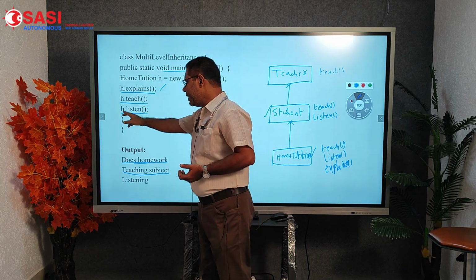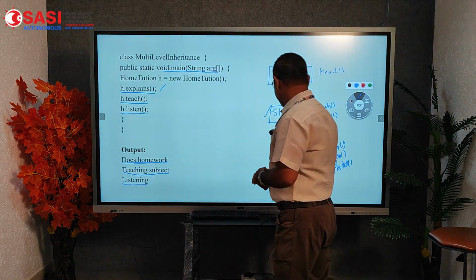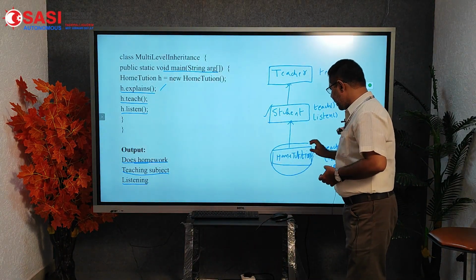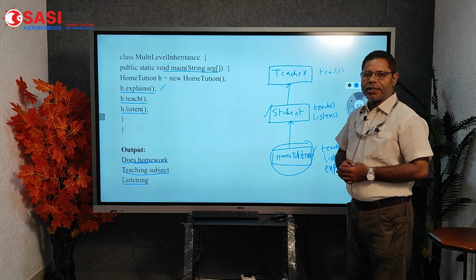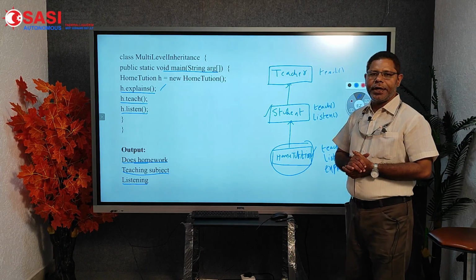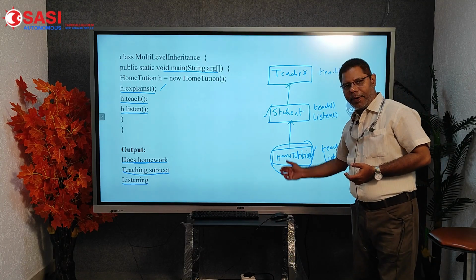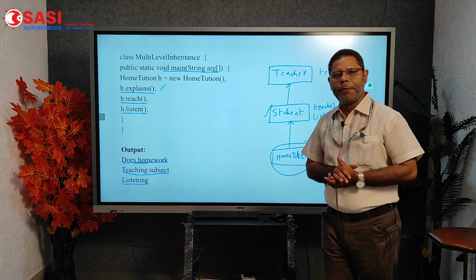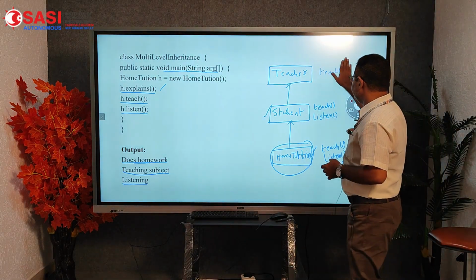The output is listening. So in this way, in the home tuition class, we are accessing teacher class properties as well as the student class properties. In this way, we can create any number of levels. So this is the multi-level inheritance.